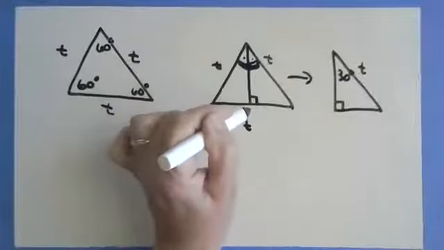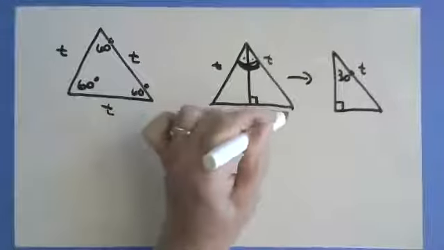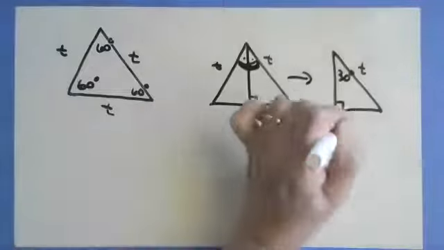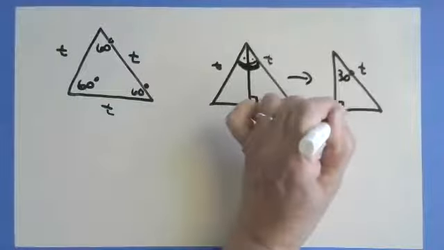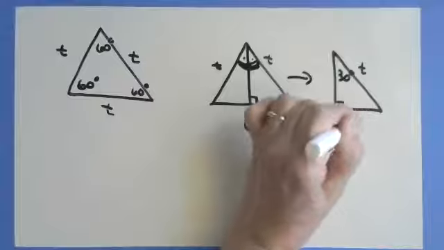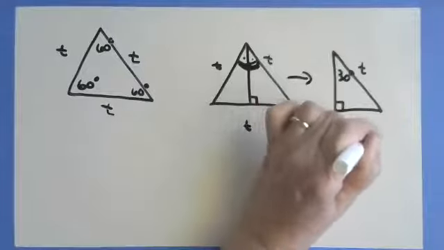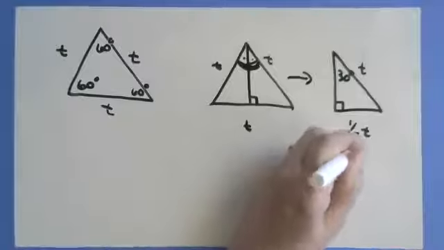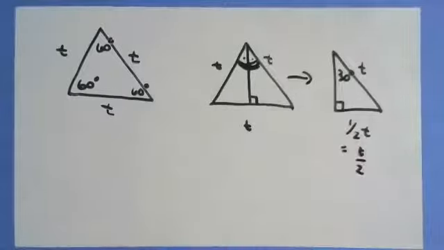That altitude also splits the length of this side exactly in half. So we know that this leg's length is 1/2 of what T is, which we can also write as T over 2. Both mean the same thing.